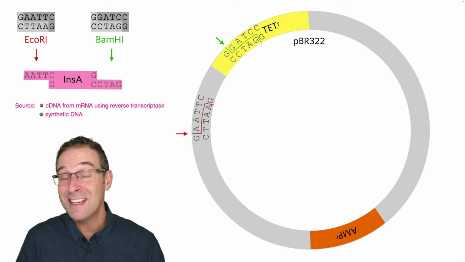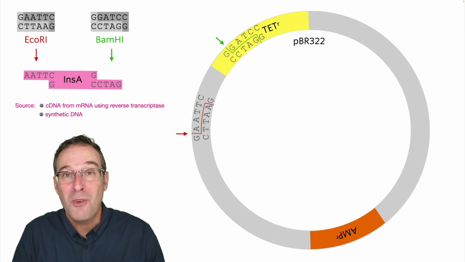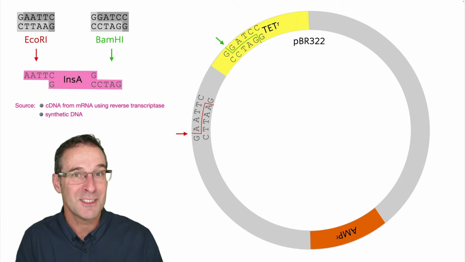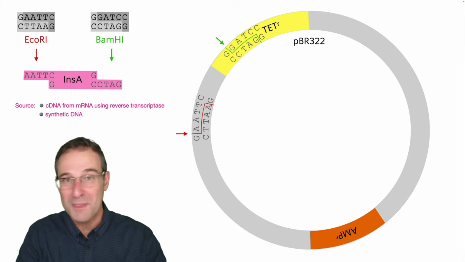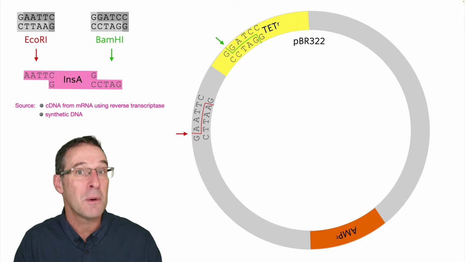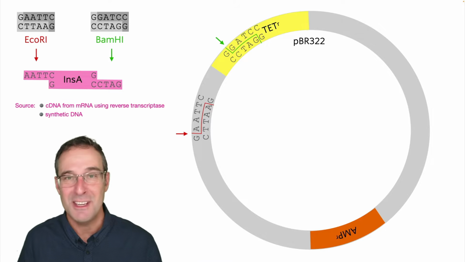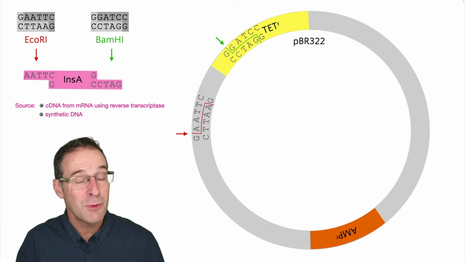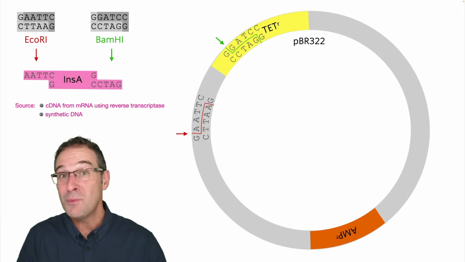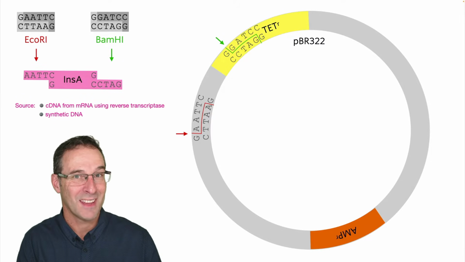But back in 1978, when Genentech was doing this, they didn't even know where the gene for human insulin was. They didn't even know what the sequence of bases was or anything. All they knew was the sequence of amino acids in the insulin protein, in the A chain of the insulin protein. So because they knew the sequence of amino acids, what they did was they made a synthetic DNA molecule in a laboratory, right?